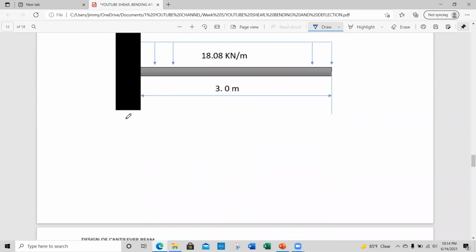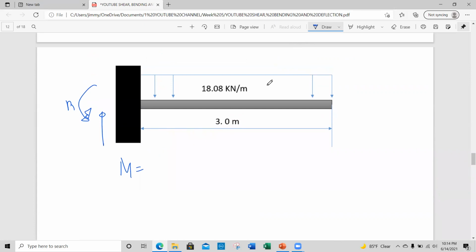So here, of course, the moment is coming. You have the moment, and then you have your shear. Your moment is just equal to the resultant load here, which is 18.08 times 3, which becomes kilonewton already, and then the moment arm, which is equal to 1.5 meters.